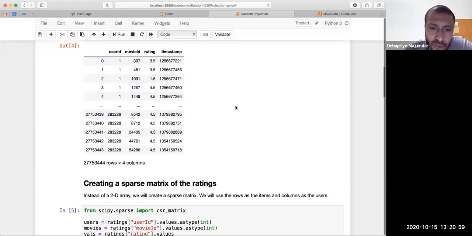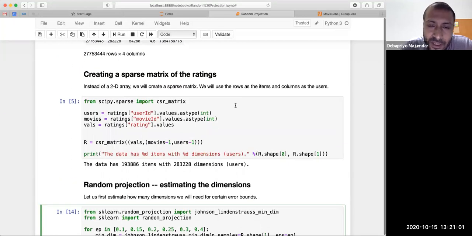Which way you keep it sorted helps you depending on whether you want to do left multiplication or right multiplication. There is another kind of storage in the same library, similar to CSR matrix; I forgot the other name. Depending on that, you can choose the way you want to store the sparse matrix.